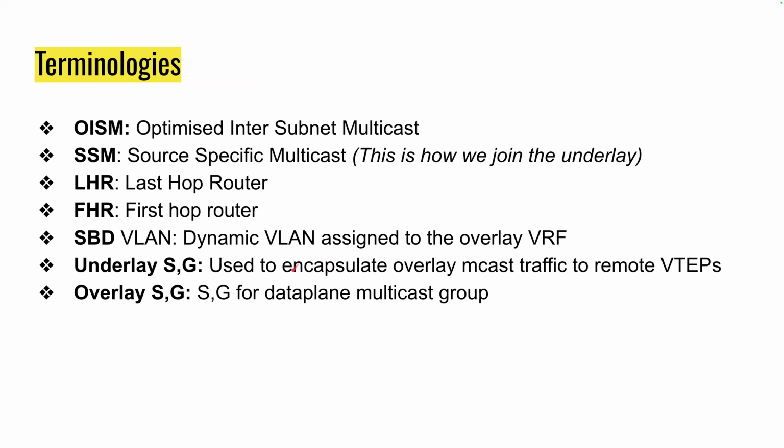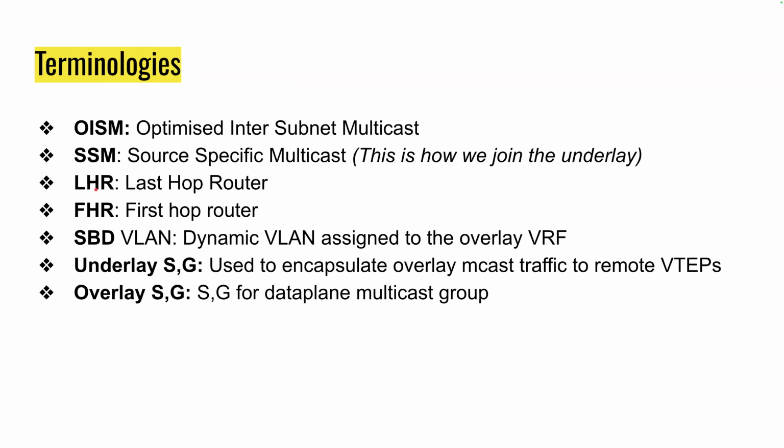Looking at the basic technologies we would be using during this session: OSM, which is optimized inter-subnet multicast, a fancy way of saying doing L3 in EVPN VXLAN. SSM is source specific multicast, where we know the source and try to join the source directly, and there is no need of an RP.